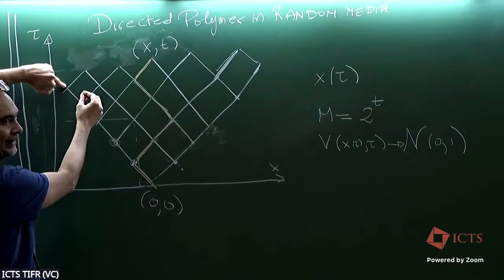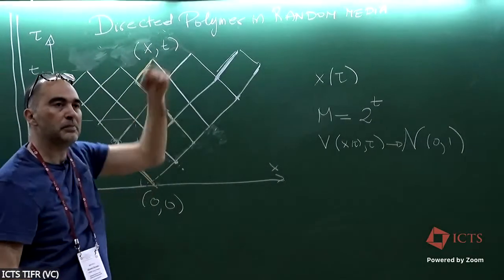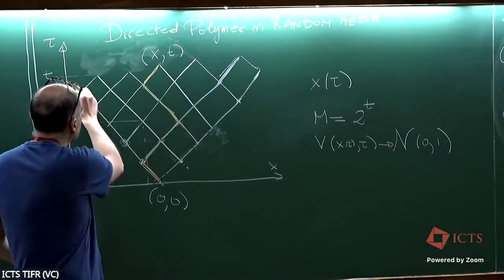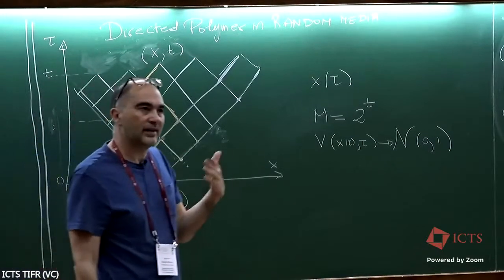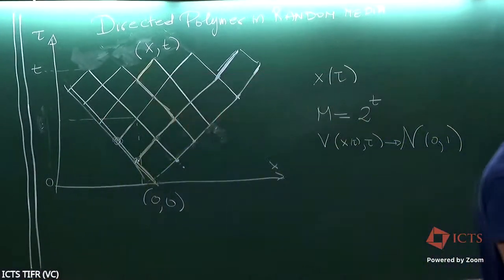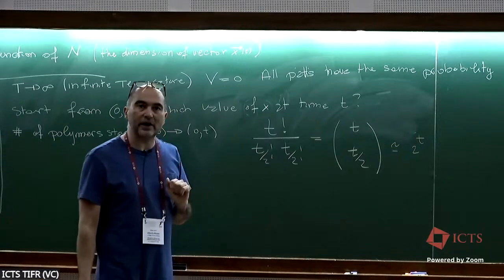It's very unlikely. If I say I have a random polymer and I select this one, you will say that I've cheated, because it's very unlikely that I select that one among millions and millions of paths. Most of the paths end up in the origin, okay?